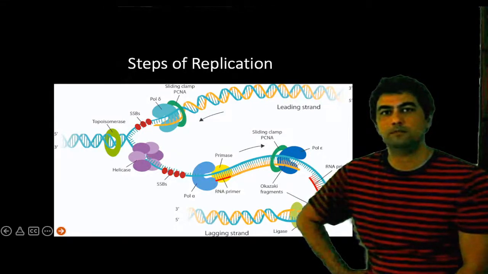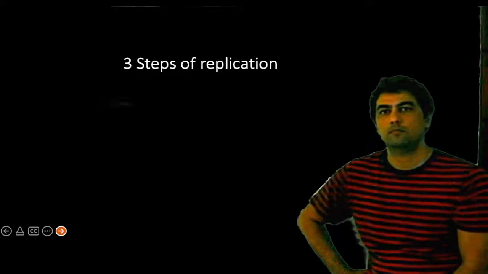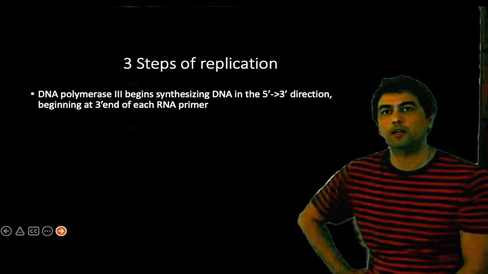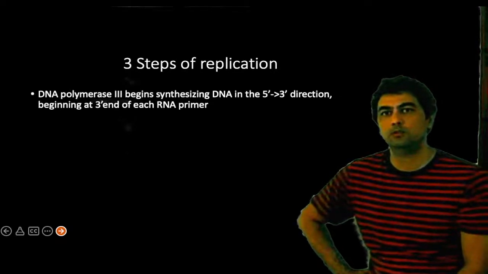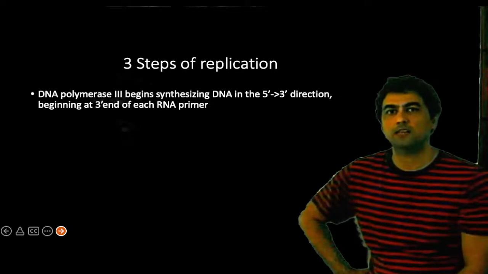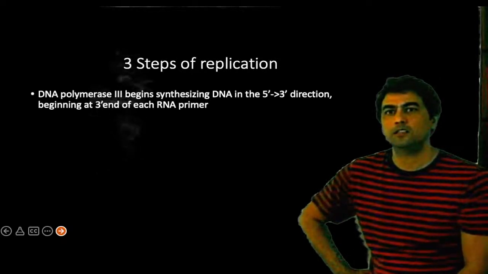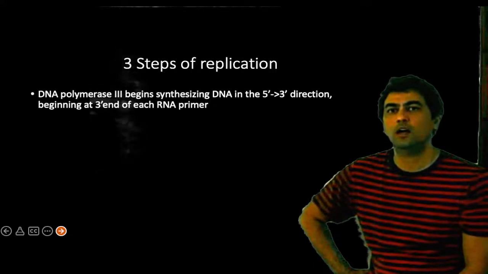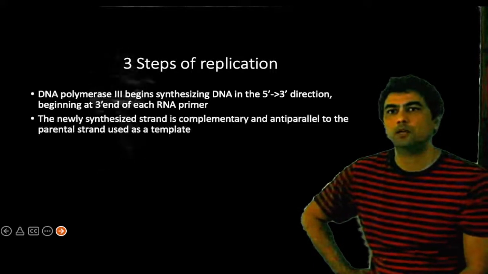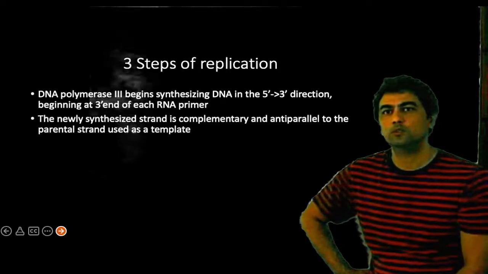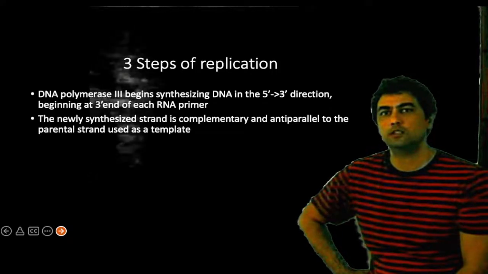The third step: DNA polymerase III begins synthesizing DNA in the 5' to 3' direction, beginning at the 3' ends of each RNA primer. The newly synthesized strand is complementary and antiparallel to the parental strand used as a template.